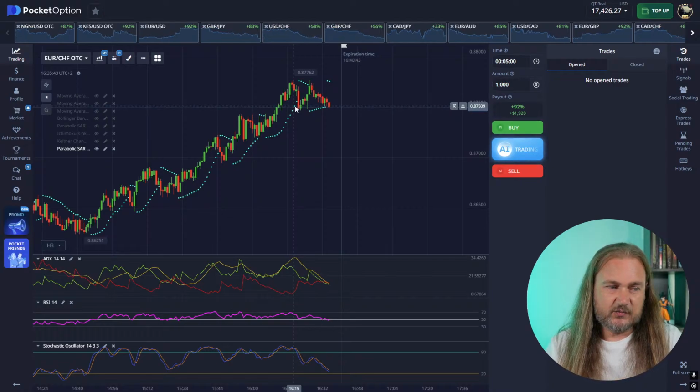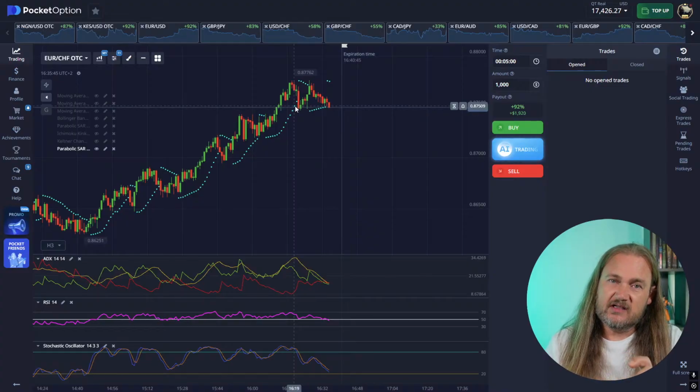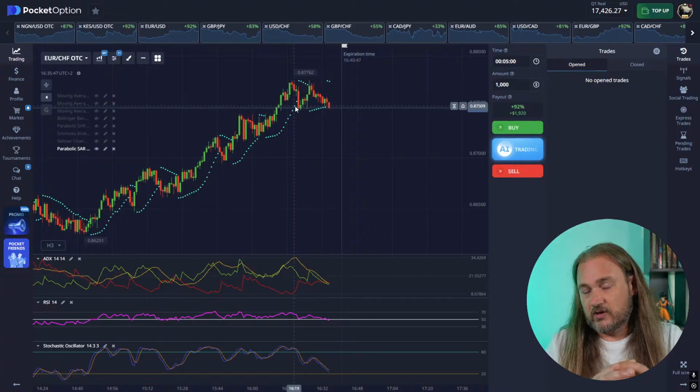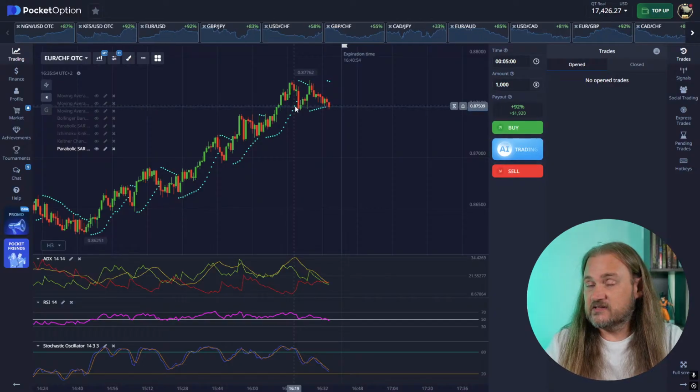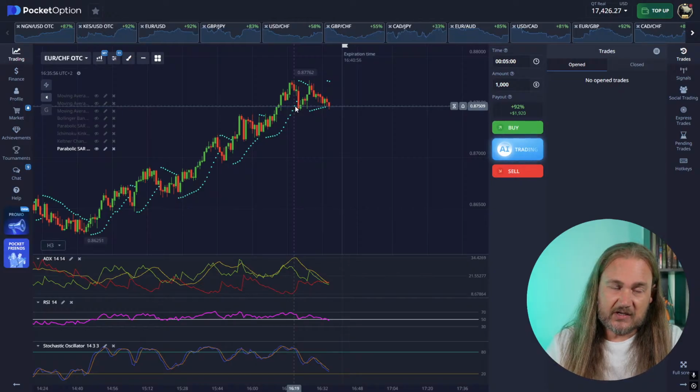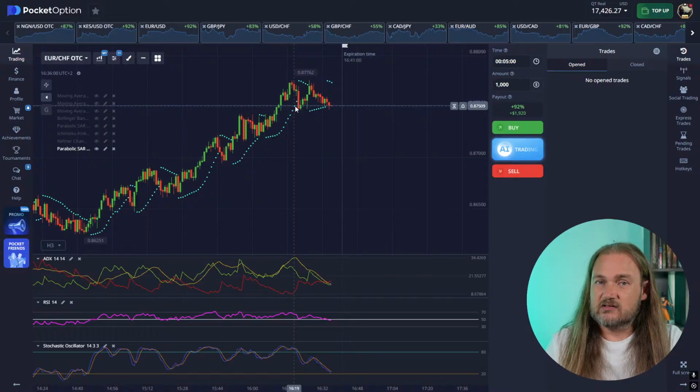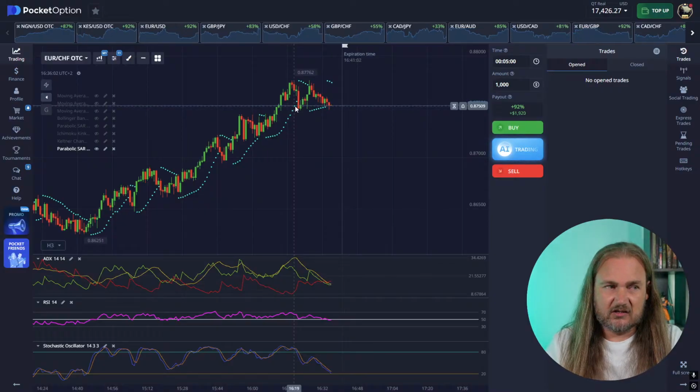We are hoping that when the parabolic gets broken, that's just a correction in the trend. We're going to wait to see if this is true, and then if the parabolic gets broken in the direction of the trend, we can take a trade in the direction of the trend.